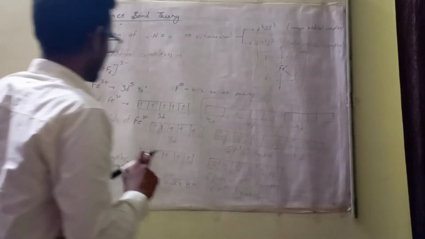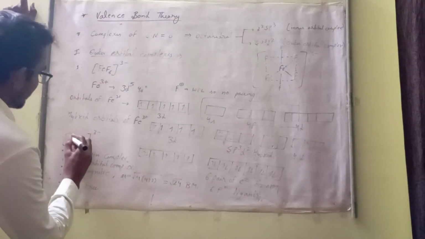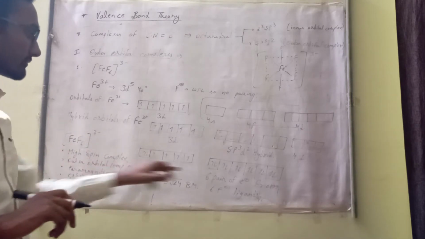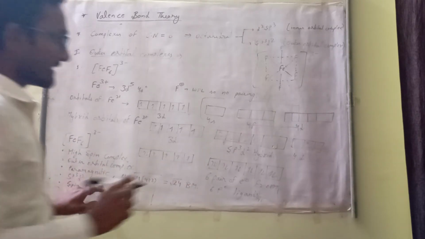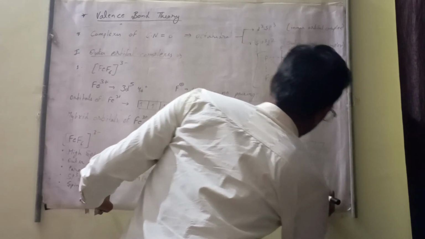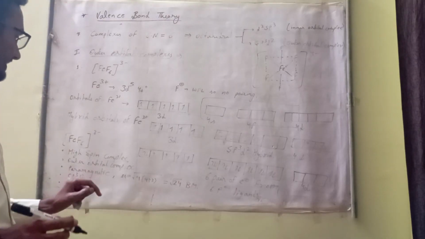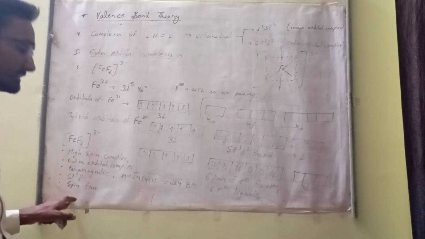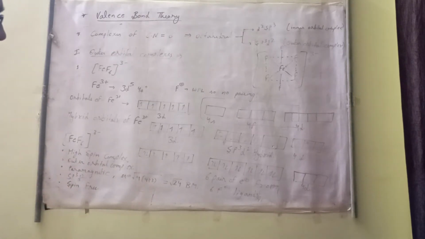Okay, same. In this case, FeF6 3 minus is a high spin complex, outer orbital complex, paramagnetic, mu is equal to under root 24 Bohr magneton, sp3d2, and spin free. Everything is correct.